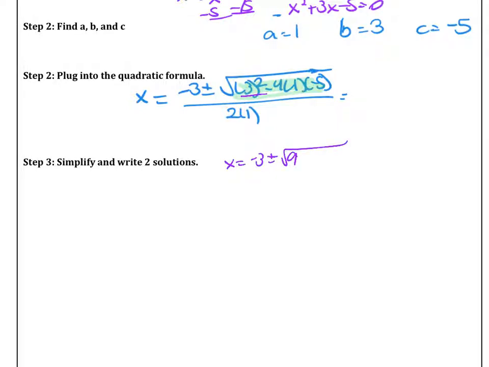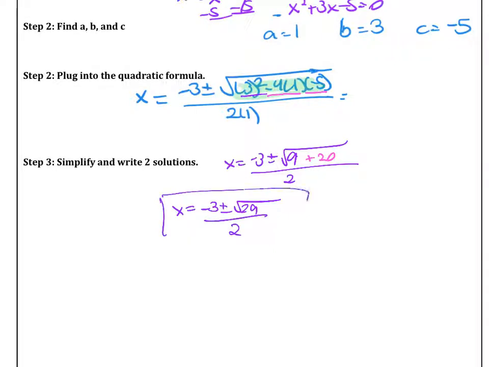And then negative 4 times 1 is negative 4, and then times negative 5 becomes a positive 20, all over 2 times 1, which is 2. So x equals negative 3 plus or minus the square root of 9 plus 20, which is 29, all over 2. And so this is the final answer.